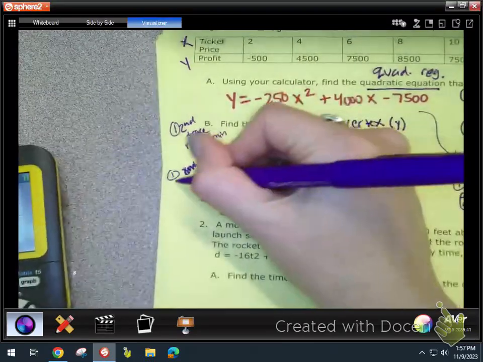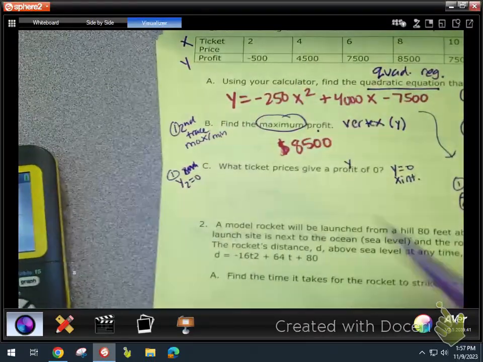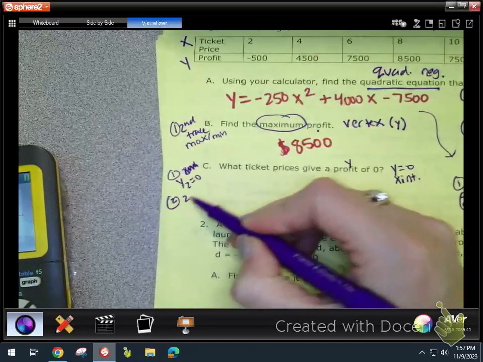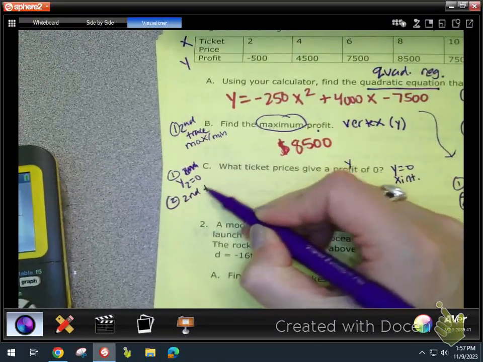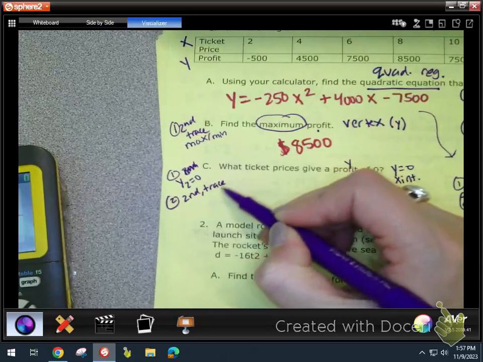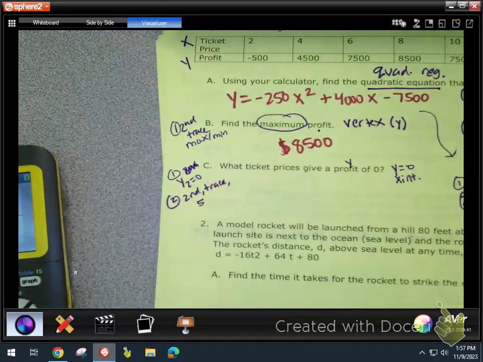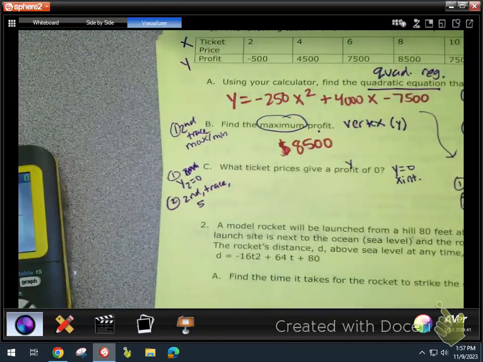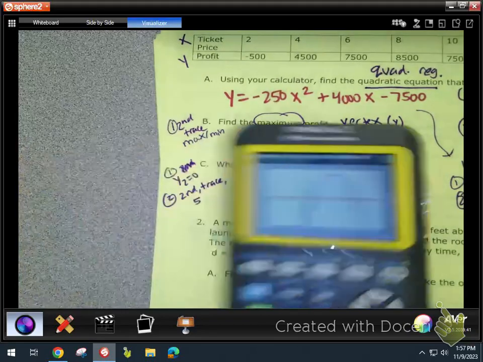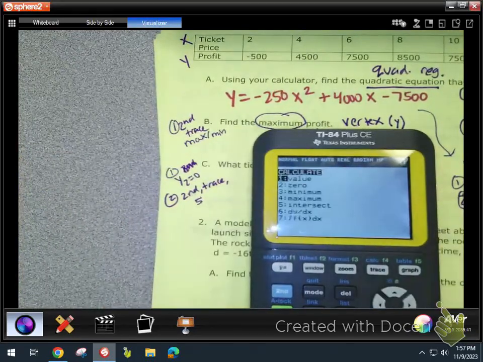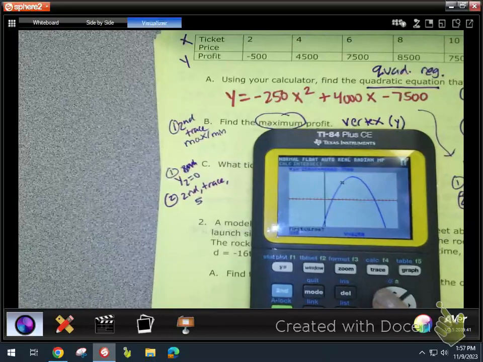So we put y2 equals 0. Then we're going to do second trace 5, your intersection, and we're going to calculate them just like we did last class. Second trace 5. I'm going to go to the left one first. Near it.